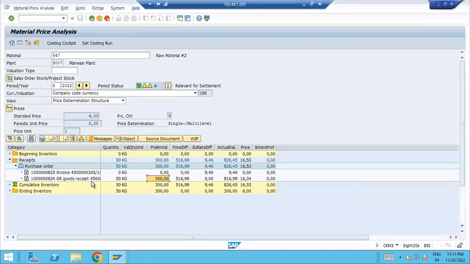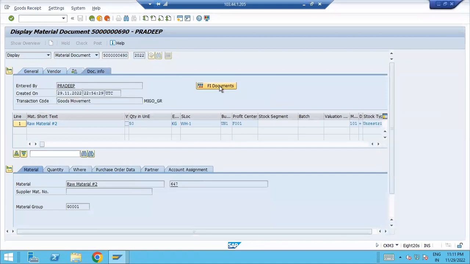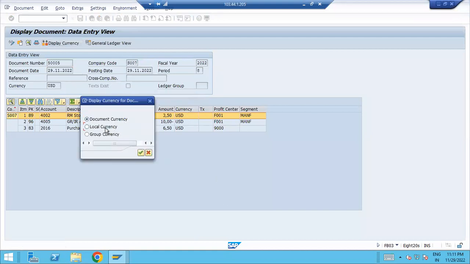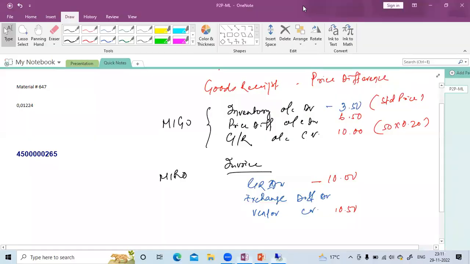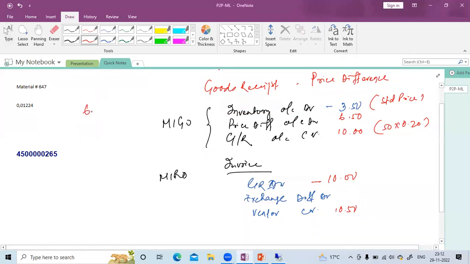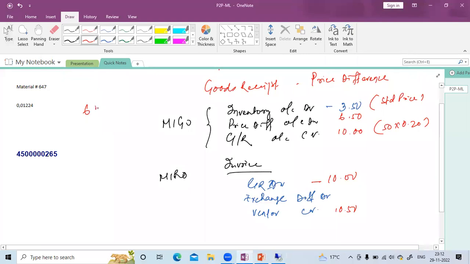In this example, it was in USD. Let me go to the accounting document for this. So raw material stock is debited. Now it is in INR. Last time I explained it in USD, now it is in INR. The raw material price was updated as 6, and we procured 50 units. So raw material price is 6, my updated standard price, and 6 into 50 kg is 300.